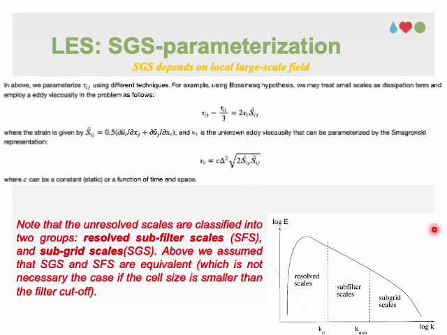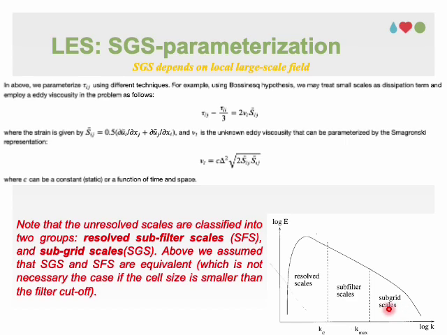To conclude this video, I want to introduce another term known as the subfilter scale, which is used in conjunction with SGS. When using explicit filters, the turbulent flow is divided into resolved, subfilter, and subgrid scales.